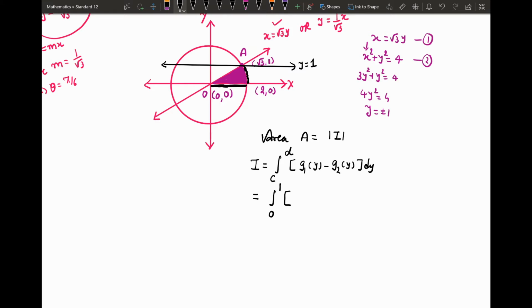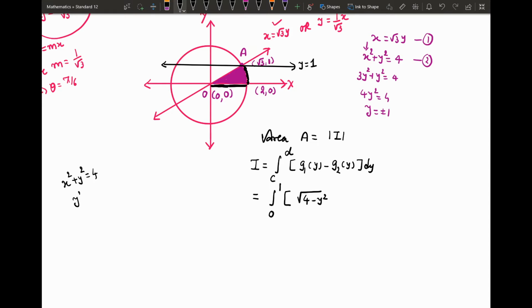x equal to g1(y) is x as a function of y from the equation of circle. So square root of 4 minus y square, because x square plus y square equal to 4.